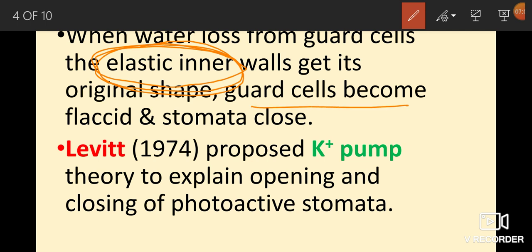Then guard cells become flaccid, which is opposite to turgidity. Turgidity means the cell is full of water molecules and shows swelling. But in flaccid condition, there is no water in the cell, so the cell undergoes flaccidity. Then automatically stomata close.